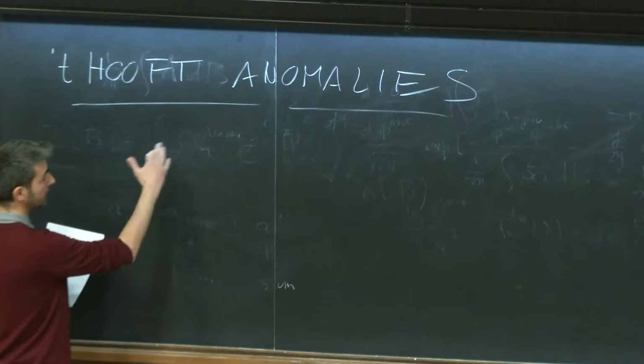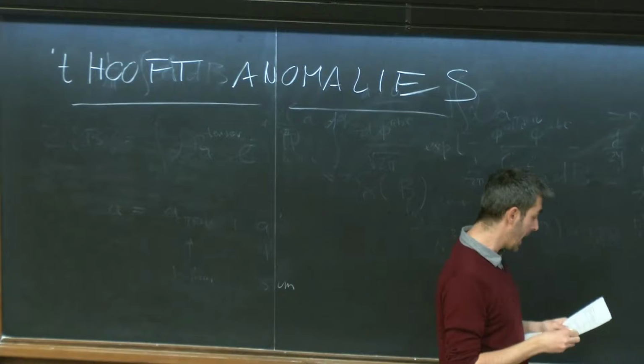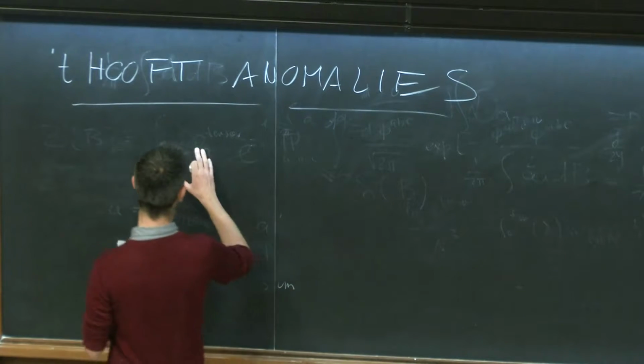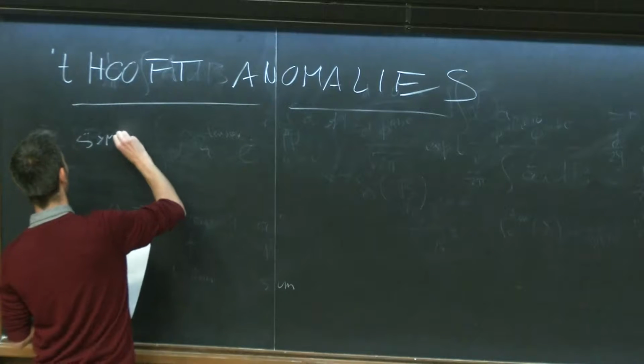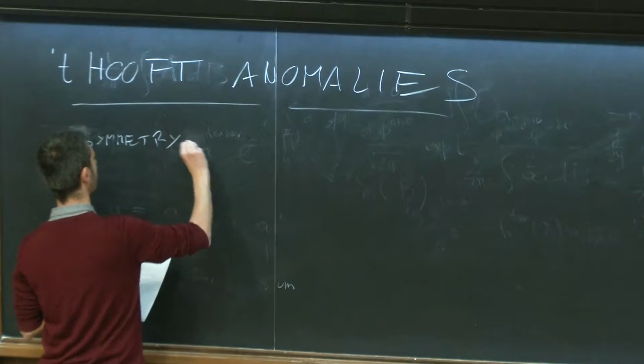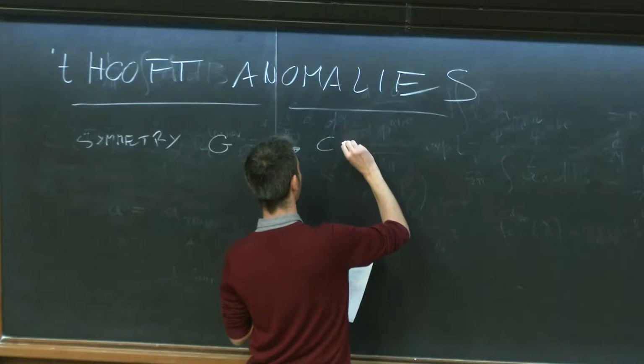And for instance, something that we can do when we have a quantum field theory with some global symmetry is to couple this theory to background fields for this symmetry. If we have some symmetry G, we couple to background fields.